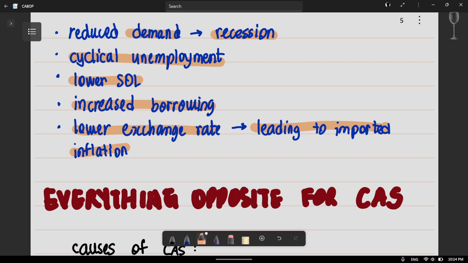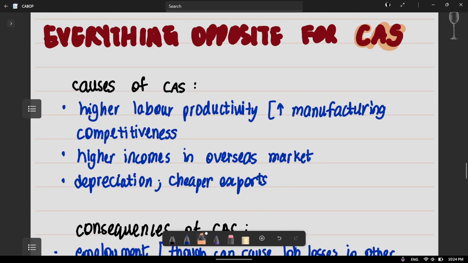Now, everything would be the opposite for current account surplus. Let me still explain it. Causes of current account surplus could be higher labor productivity, which could be due to an increase in manufacturing competitiveness and other factors. What will this do? This will increase the quality and other things of my exports.